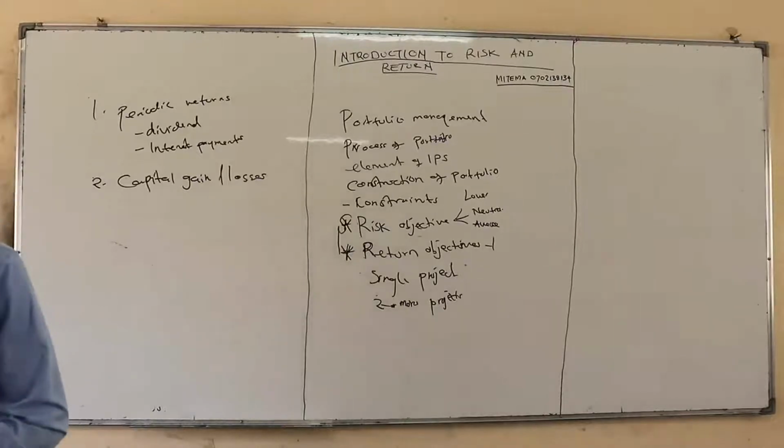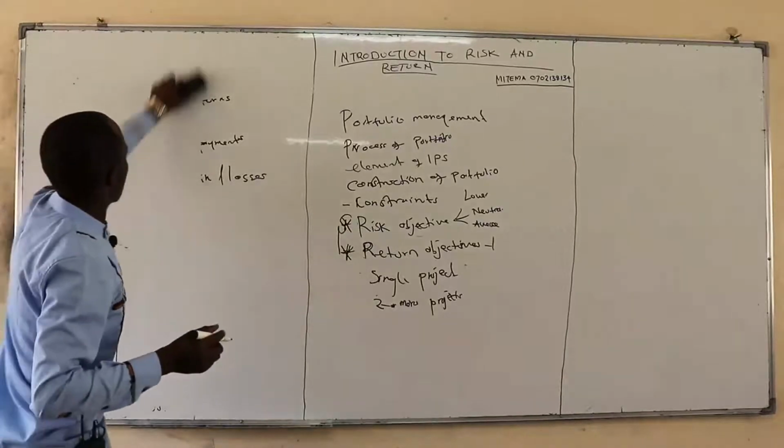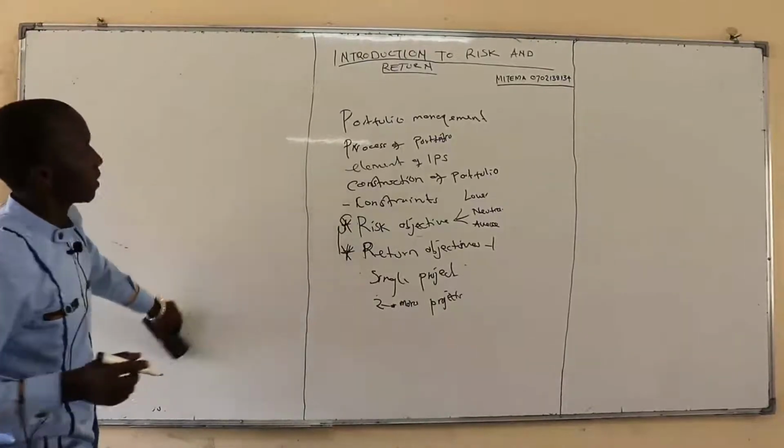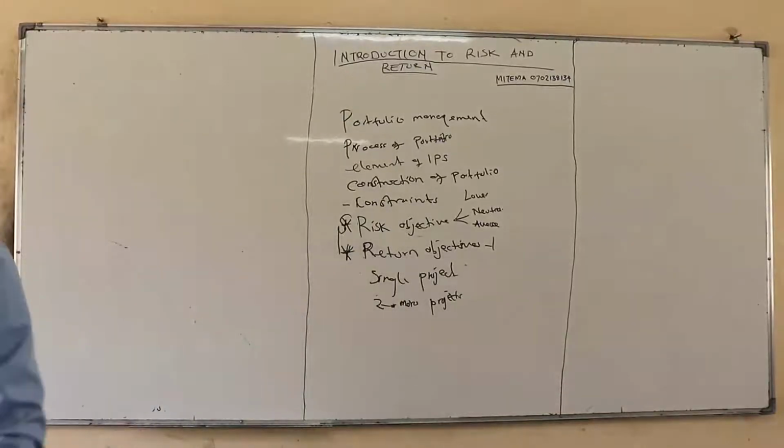So one of the types of returns we have is what we call the holding period return.